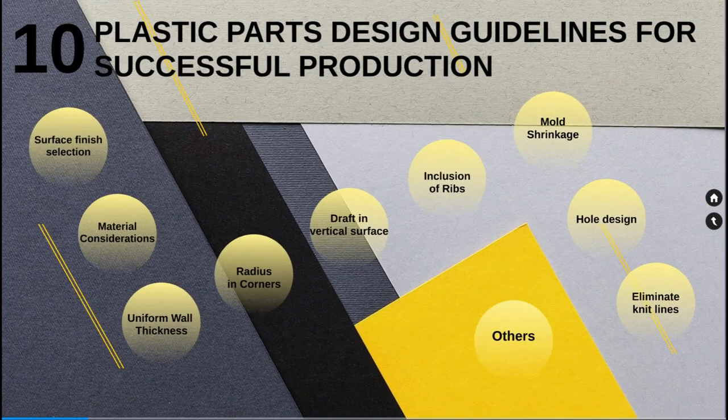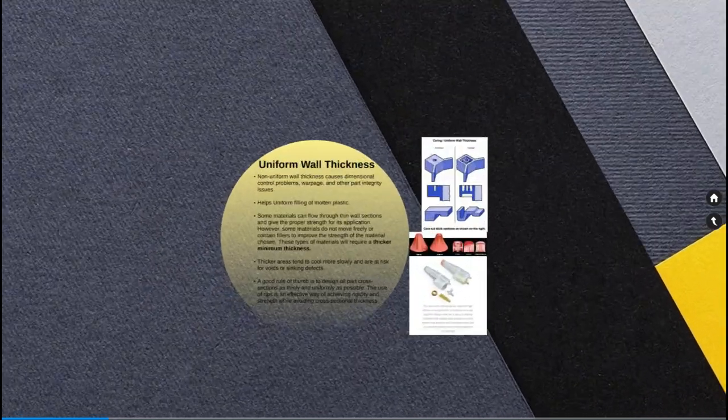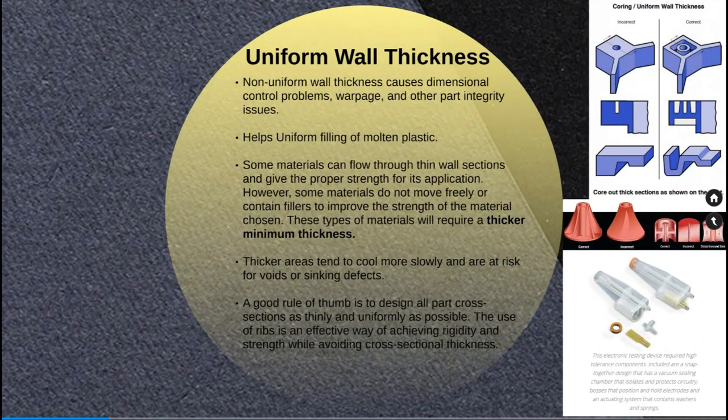Next is uniform wall thickness. A non-uniform wall thickness causes dimensional control problems, and also it causes problems such as warpage and shrinkage and different defects associated with that. Also, maintaining the right wall thickness will help uniform filling of the molten plastic during the injection molding process.